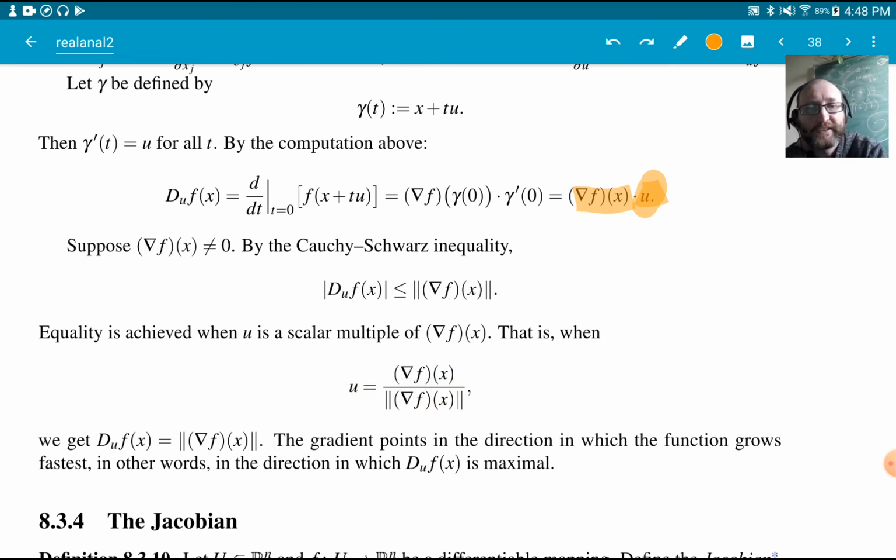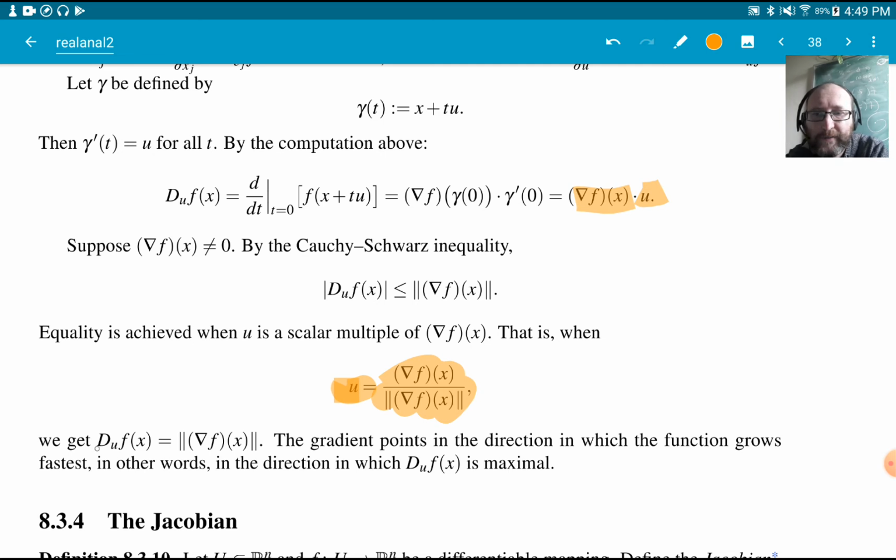You also get another place where equality will happen because of the absolute value signs, which is at minus u, the other scalar multiple that is still a unit vector. But anyway, let's look at u as the unit vector in the direction of the gradient.